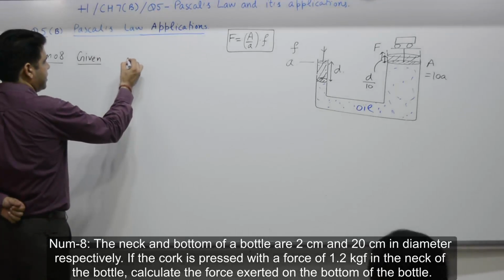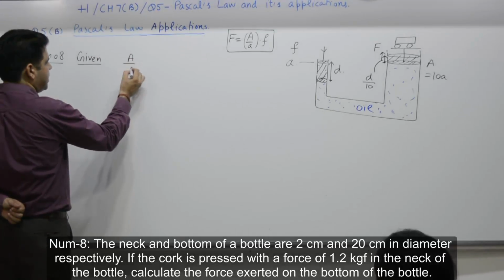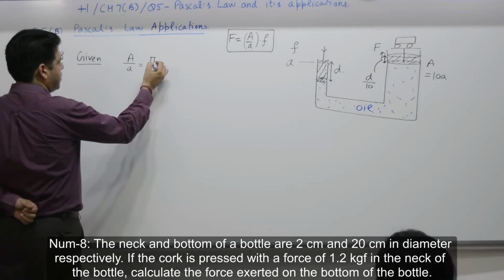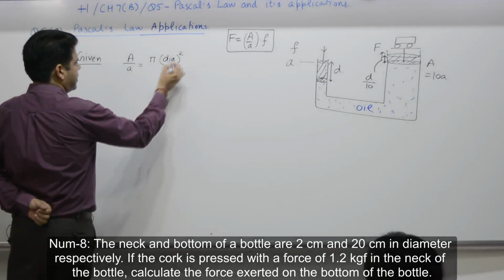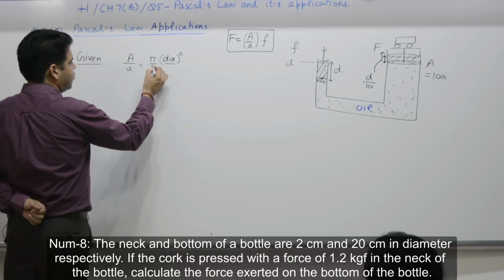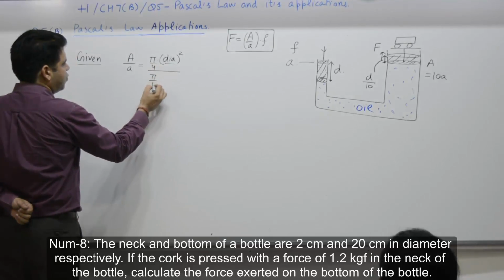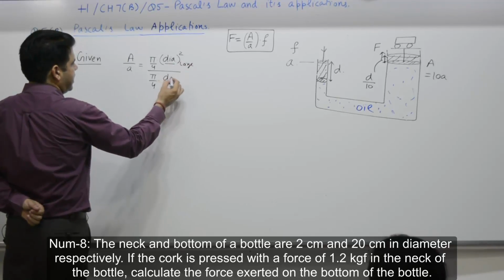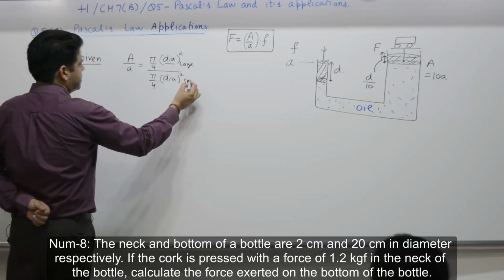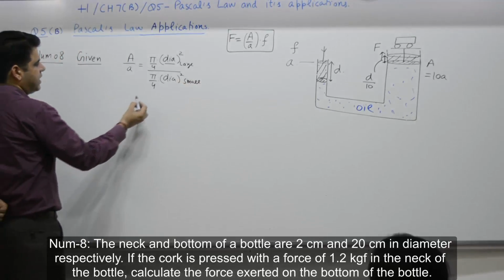Capital A by small a is equal to pi by 4 into dia of large size squared, divided by pi by 4 into dia of small size squared.